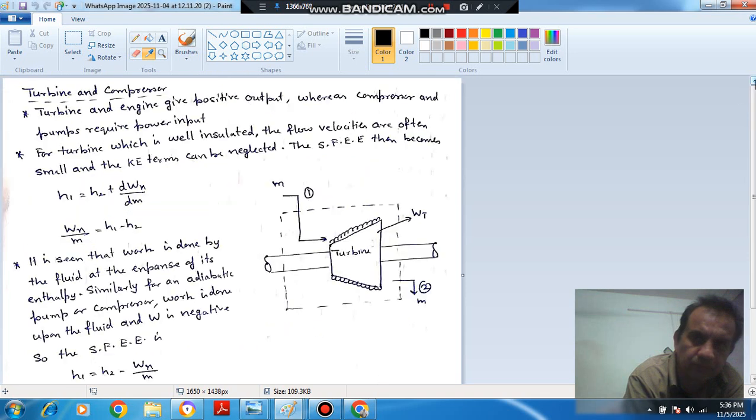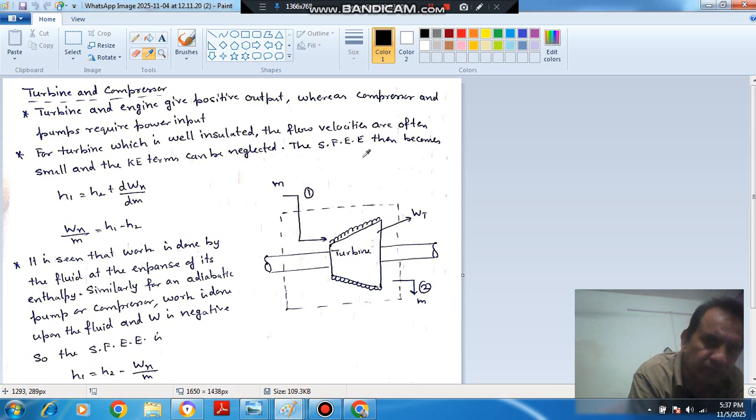Just reading this out. Turbine and engine give positive output, whereas compressor and pump require power input. For a turbine which is well insulated, the flow velocities are often small. So these velocities are small at the inlet and outlet and can be approximately the same, and it is well insulated, so the kinetic energy term can be left out.